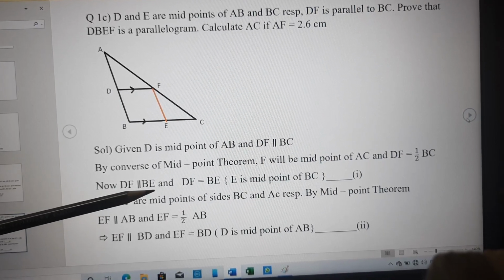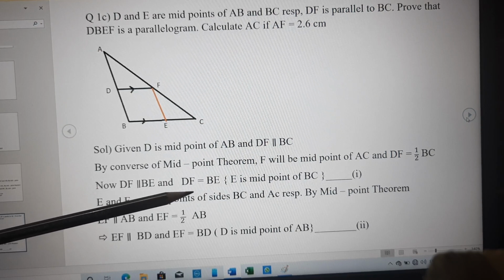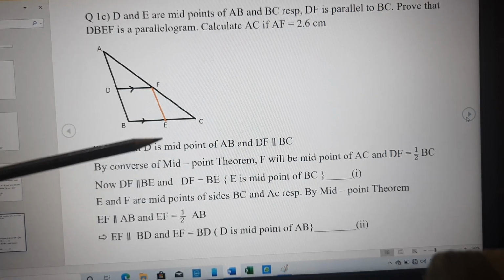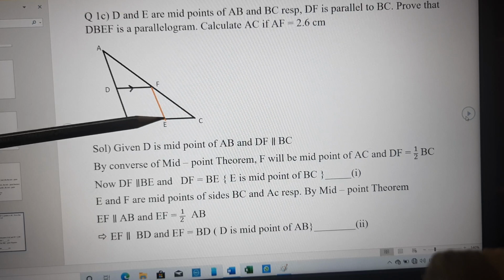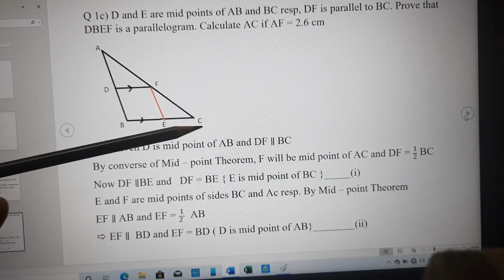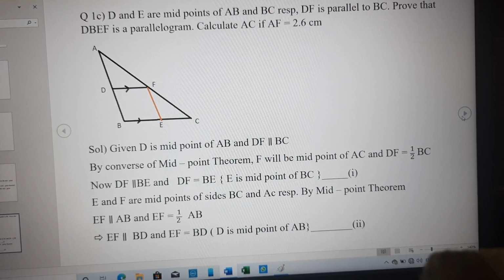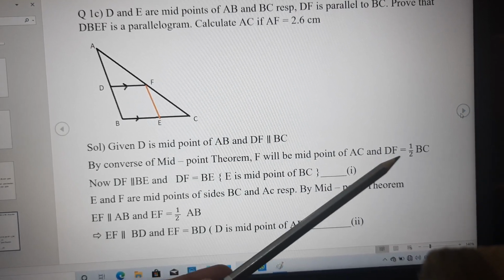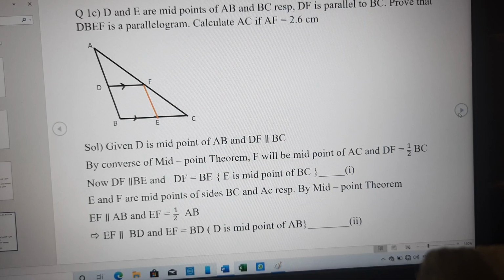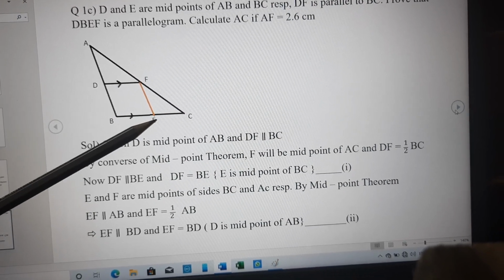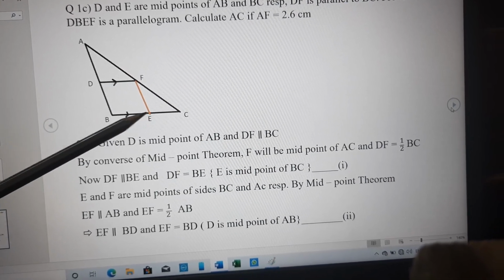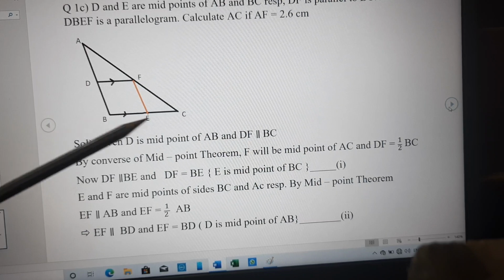DF is parallel to BE and DF is equal to BE. Because, wait a minute, it is because E is the midpoint of BC. Right now we have proved that DF is equal to half of BC. It is written here, DF is equal to half of BC. Clear? And half BC can be replaced by BE because E is the midpoint of BC.